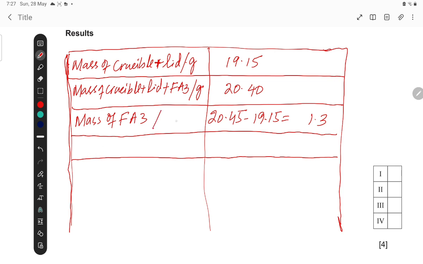Mass of FA3 residue: mass of crucible plus lid plus residue after heating is equal to 18.53 grams.